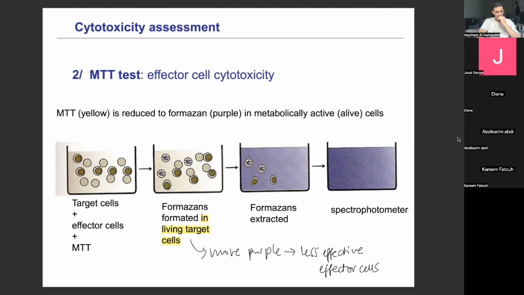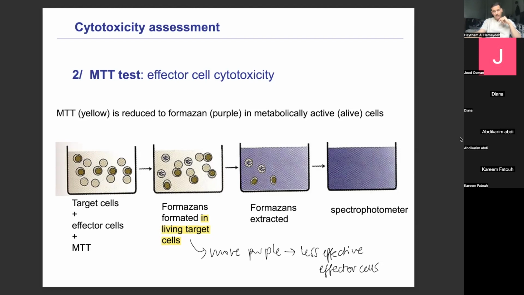Basically you put the target cells and the effector cells, the cytotoxic cells, and MTT. What would happen is the effector cells would act on the target cells to make them inactive. Therefore, they cannot convert MTT to formazan, so it stays MTT. It does not go to formazan because the effector cells act on the bacteria to make it inactive.